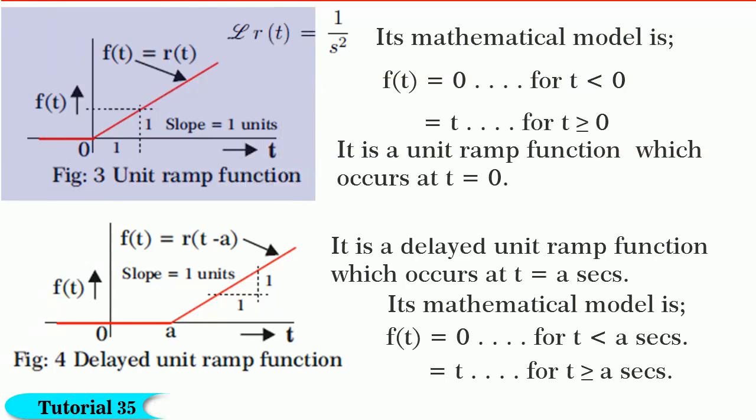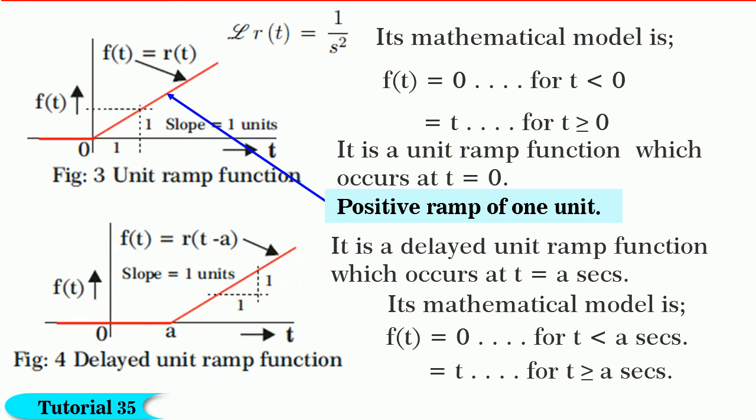Next, consider another ramp shown in figure 3. Observe the function. Its slope is equal to 1 unit as its magnitude increases by 1 unit in unit time. So, it is called a positive ramp of 1 unit.